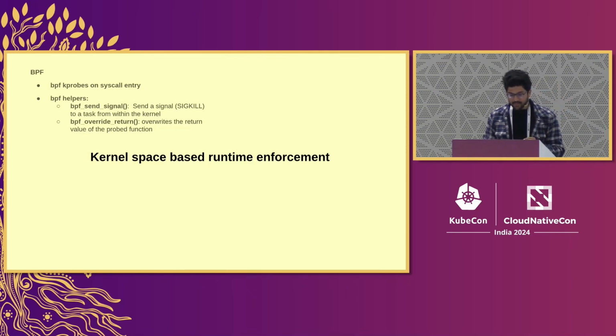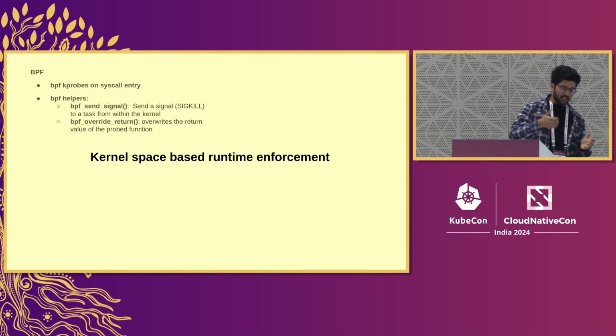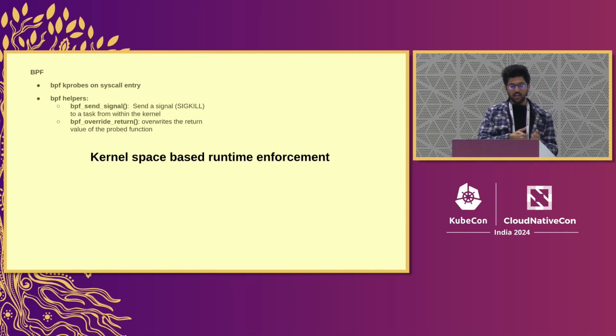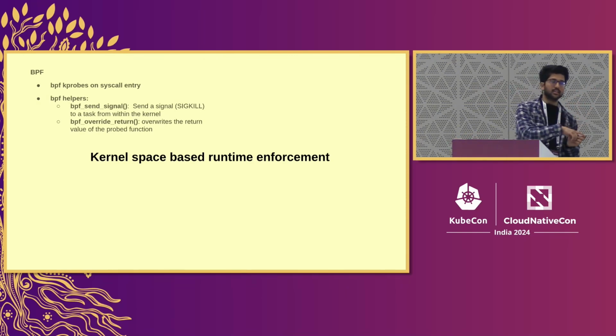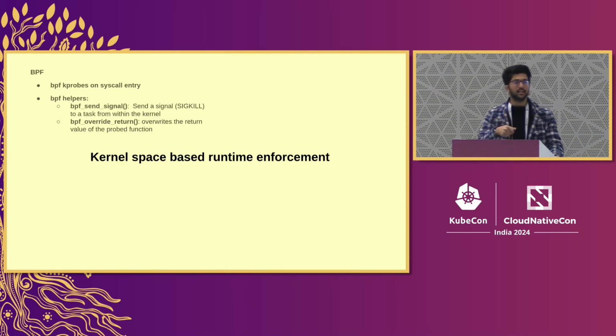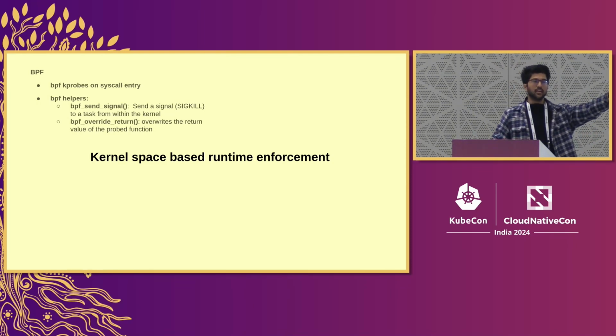For example, with BPF send signal, you are sending a SIGKILL signal from the kernel to kill a process. So for example, you see something malicious, and then you send a signal. It will be faster as you are doing it directly from the kernel, but still what you are doing is first observing something, seeing it's bad, and then killing it.